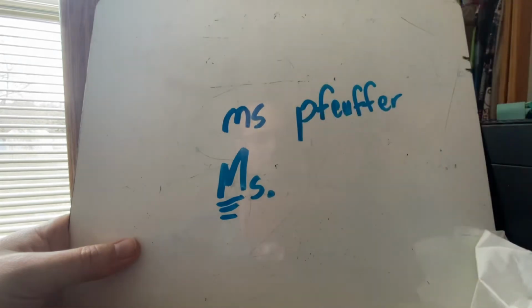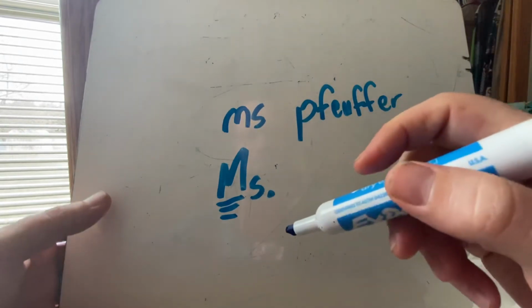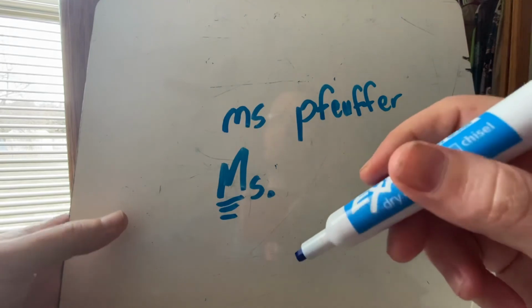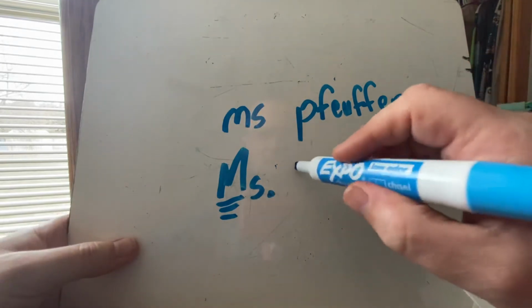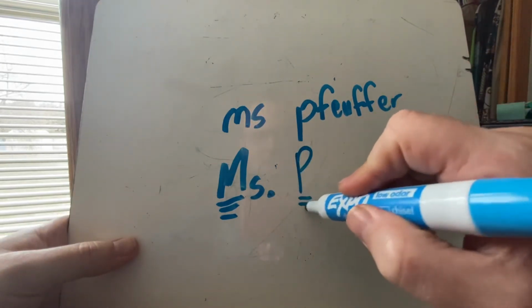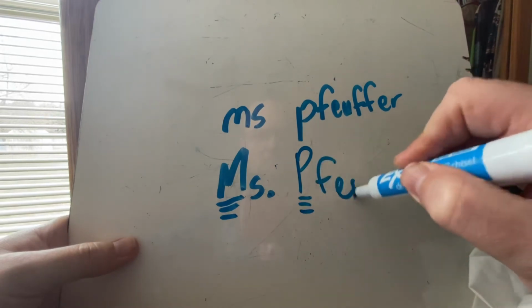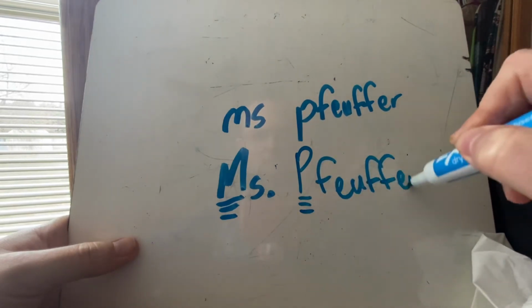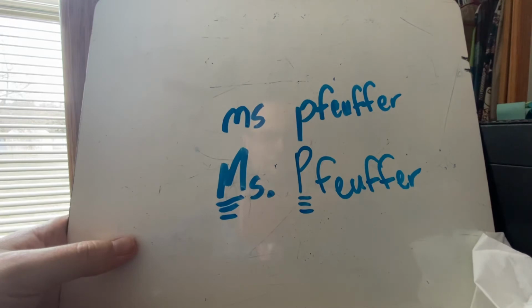Then we need to put a period after the S because Miss is an abbreviation, and we need to use the period to show it's abbreviated. Then we need to capitalize the first letter in the name. And there we go.